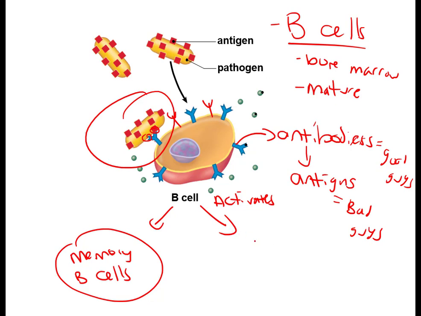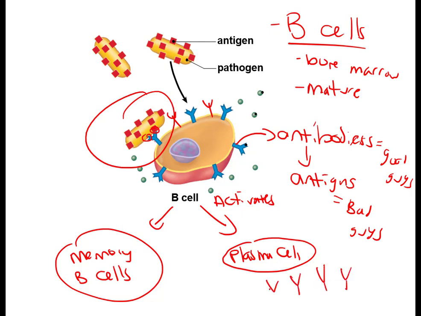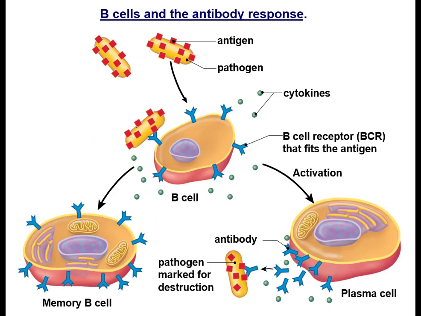Some of the B cells will form into another kind of cell called a plasma cell. The job of the plasma cell is to secrete a ton of antibodies into your blood. So plasma cells secrete antibodies, and those antibodies will go off and attack any pathogens that are around. So one more time with the pretty picture here.